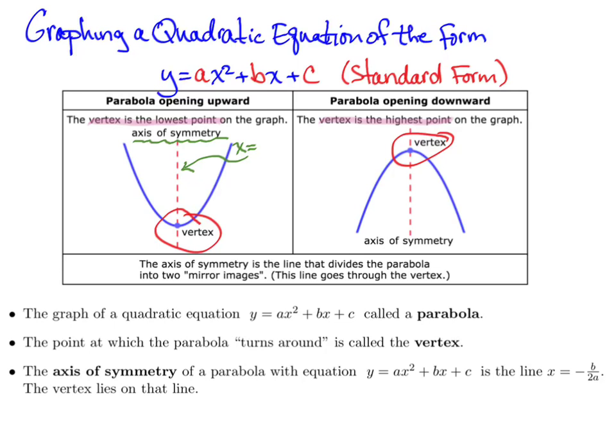So for a quadratic equation in standard form, the equation of the axis of symmetry is always going to be x equals negative b over 2a. In both cases, that's going to be the equation of the axis of symmetry of our parabola.